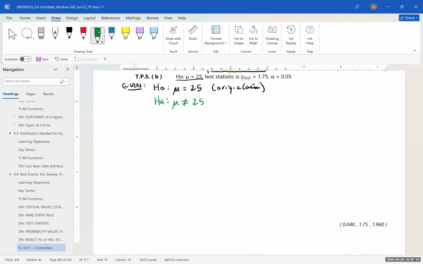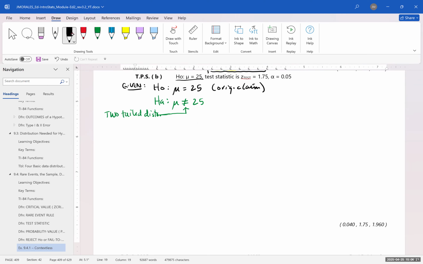Okay, now given that this is our alternate hypothesis, what does that tell us about the distribution we're working with? What that tells us is that we're dealing with a two-tailed distribution.